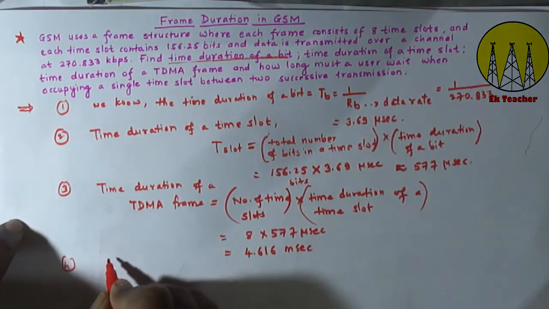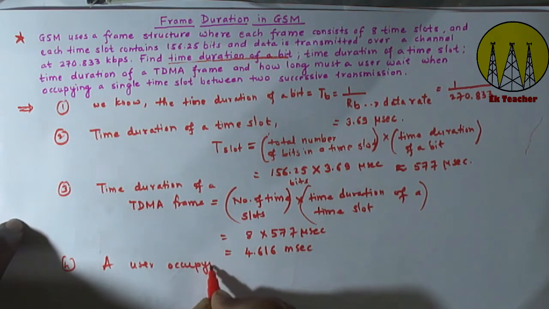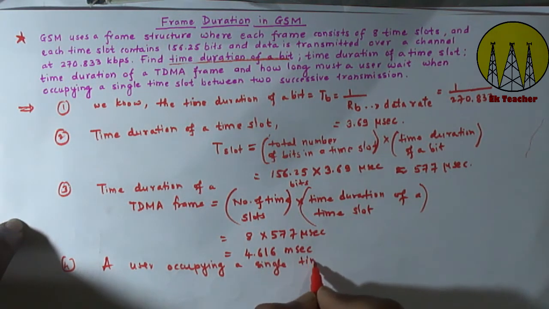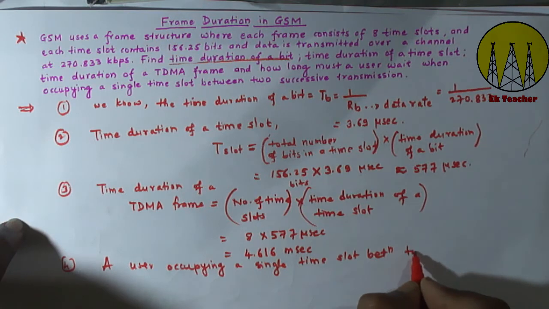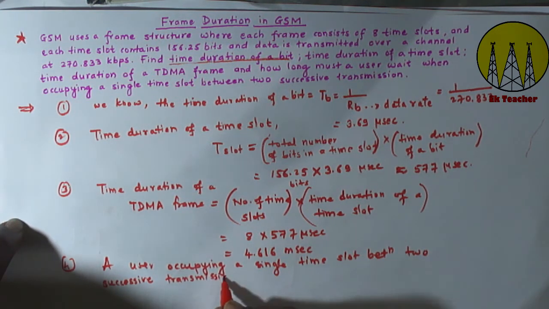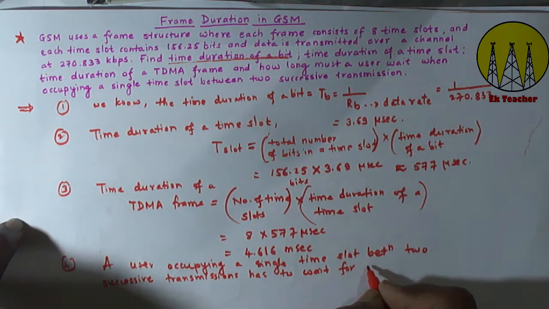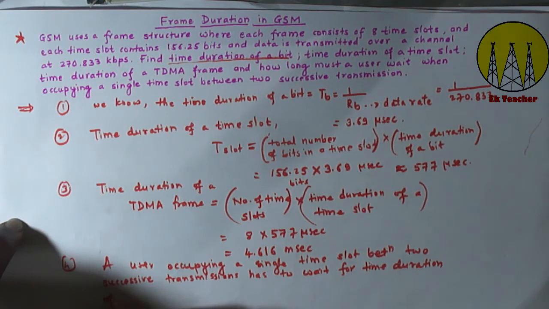So a user occupying a single time slot between two successive transmissions has to wait for the time duration of a frame.